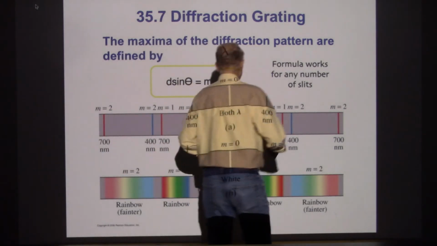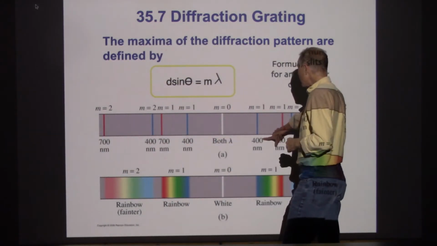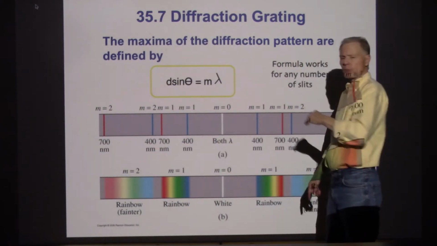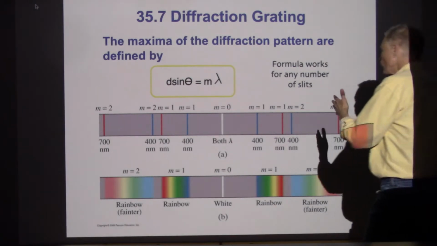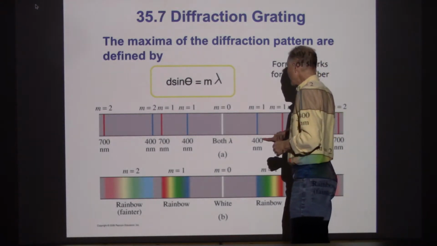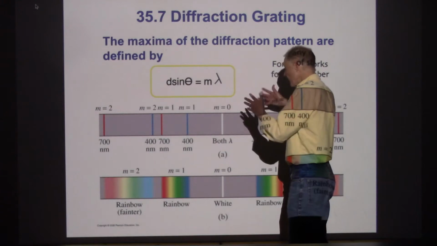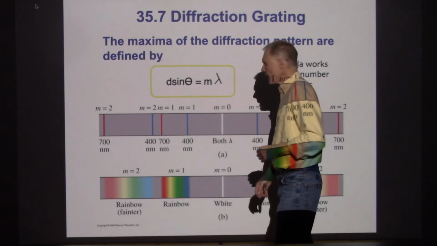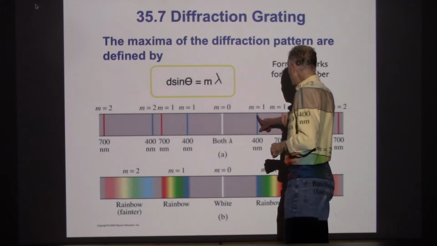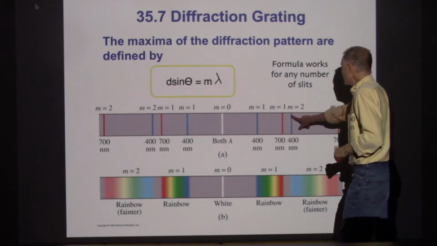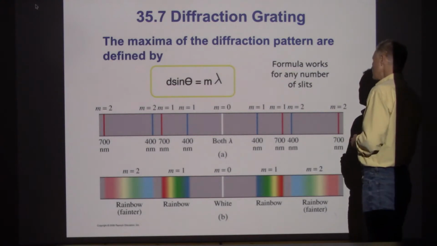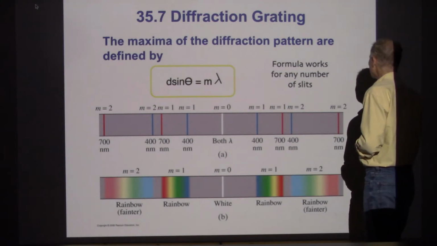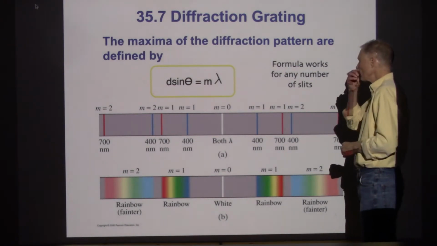Now what happens when we're sending light through a diffraction grating, let's say that we send light that is monochromatic, just one wavelength, at 400 nanometers. Well, if I have one wavelength of light at 400 nanometers coming through, and I've got many, many slits, I'm going to get a peak here at n equals 1, and a peak here at n equals 2, and n equals 3 is going to be out here somewhere.